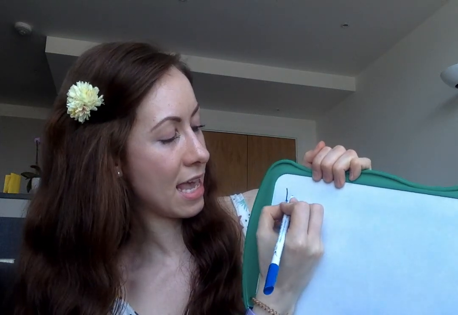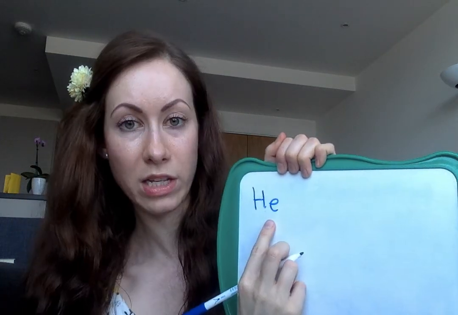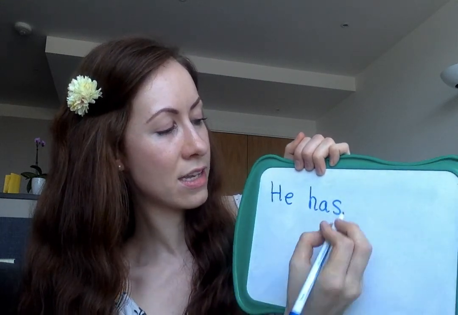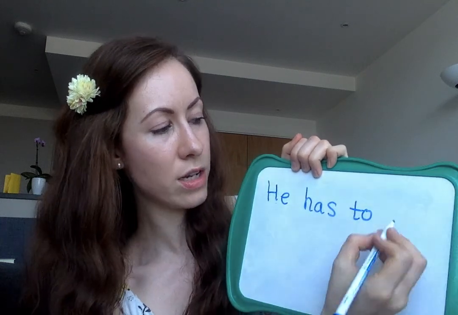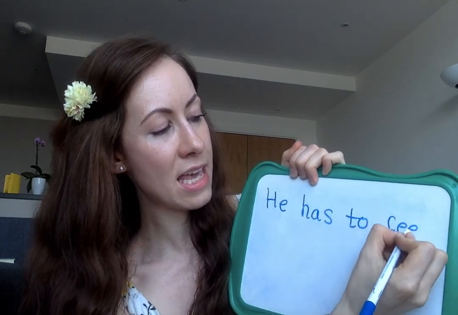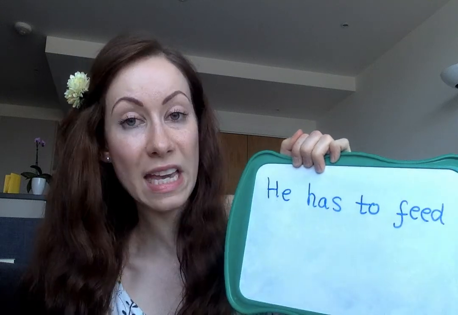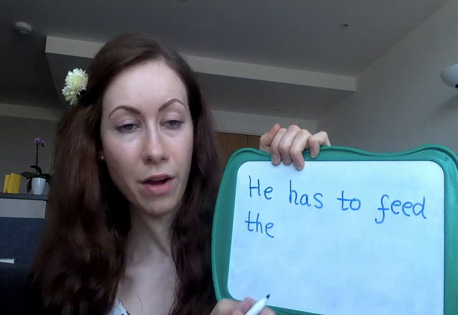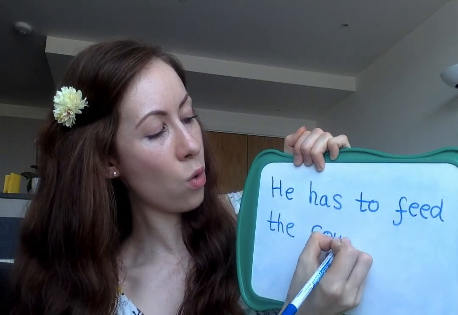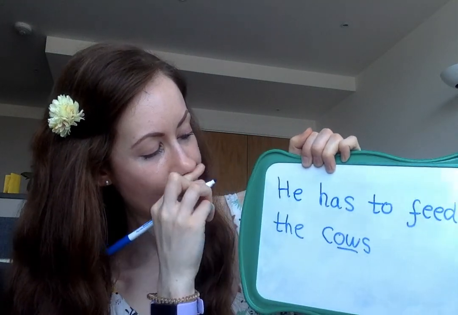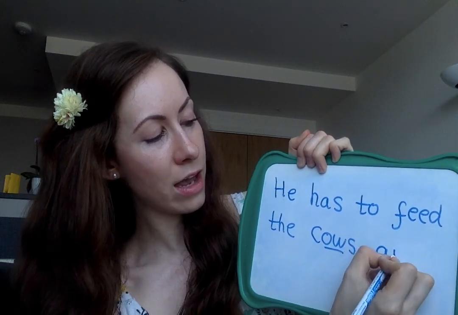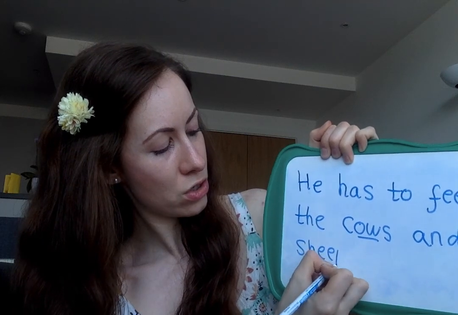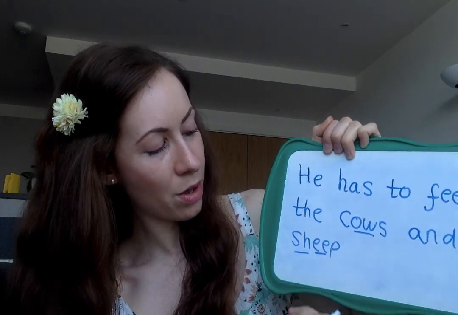So, he. It's a tricky word. So he, finger space. He has to, tricky word. Feed. He has to feed the. Now cows, it's got the digraph. Cows. That digraph. He has to feed the cows and sheep. Sheep.